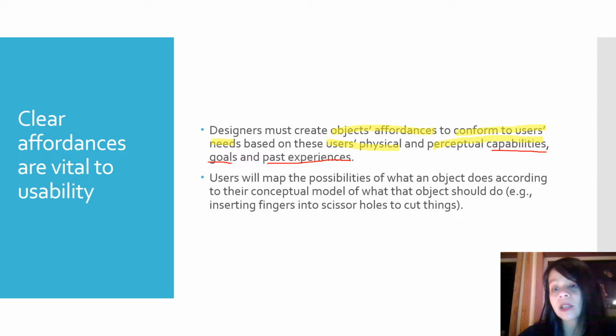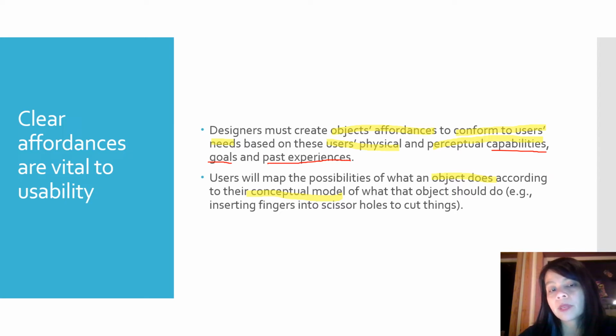clear affordances are definitely vital to usability of an interface. Users will map the possibilities of what an object does according to their conceptual model of what it should do. So in your readings, we talk about mental models, conceptual models.